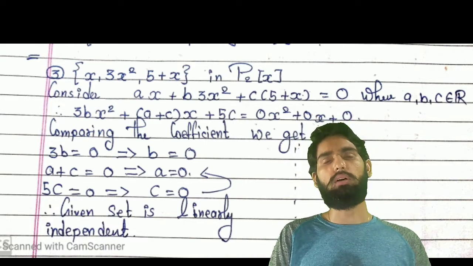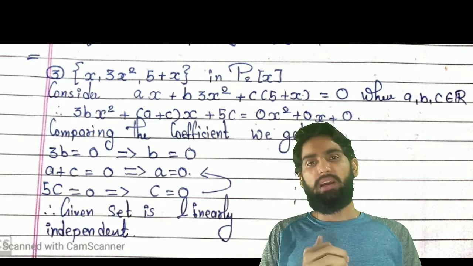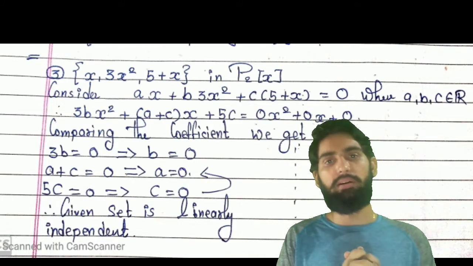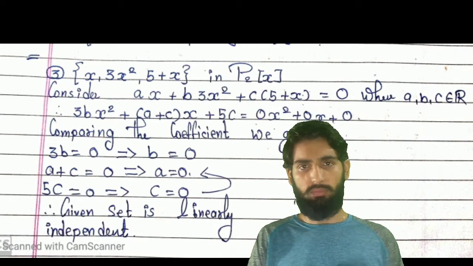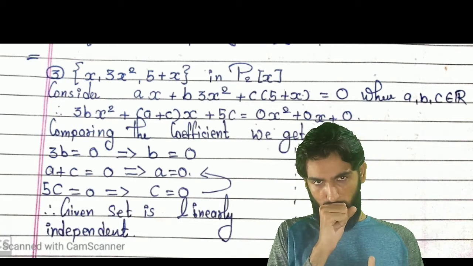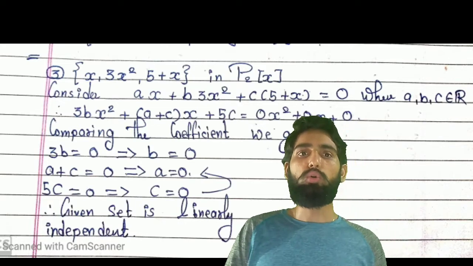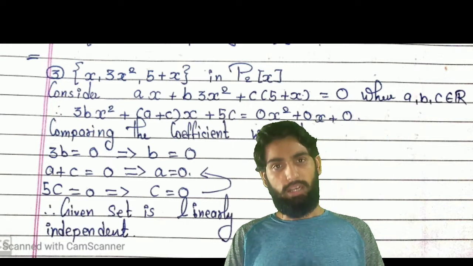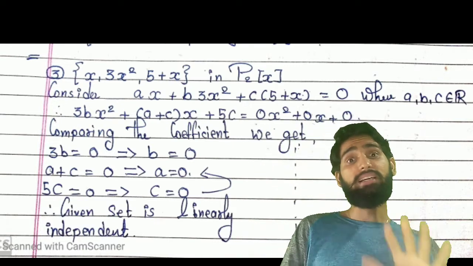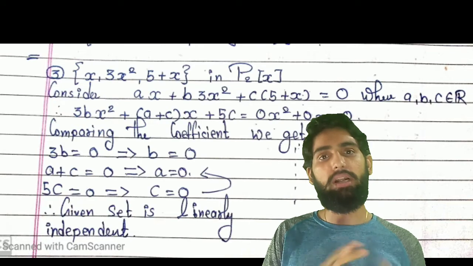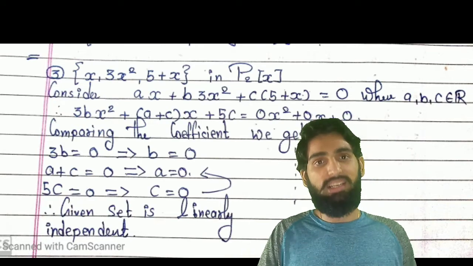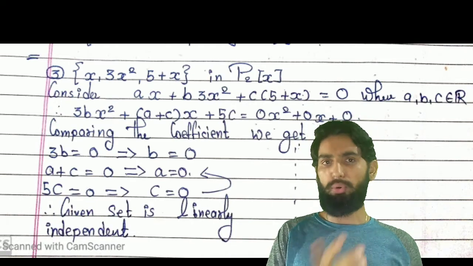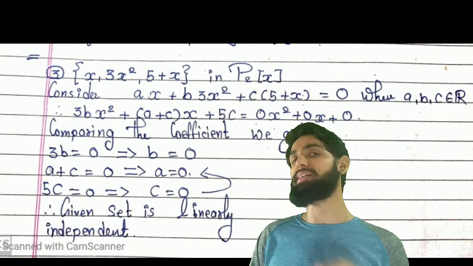My only way to reach 0 in this vector space by using these 3 elements is the trivial way. That means there does not exist a non-trivial way to reach 0. Hence the given set is a linearly independent set, or you can say it is not linearly dependent.